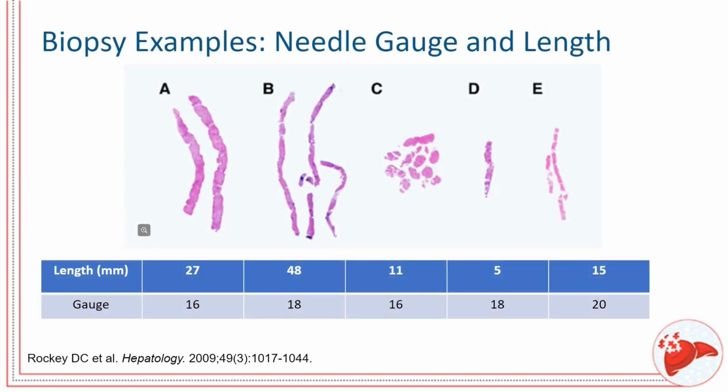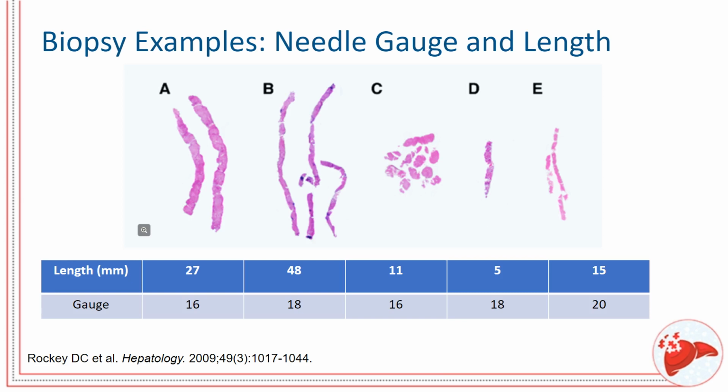Here are 5 examples of liver core biopsies, and please decide which one is adequate. Basically, we are playing a game of long and wide. Samples A and B both contain long and wide core biopsies, so both are adequate. Sample C, although taken by a 16 gauge needle, is super fragmented, so it's inadequate.